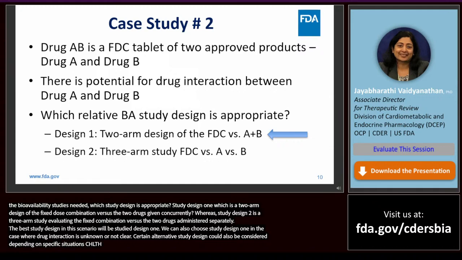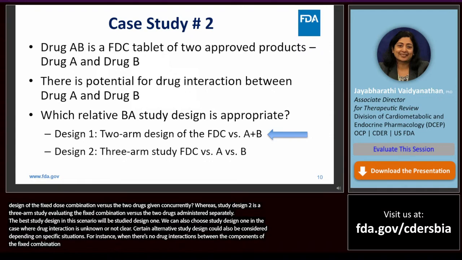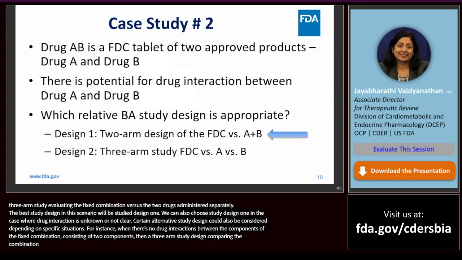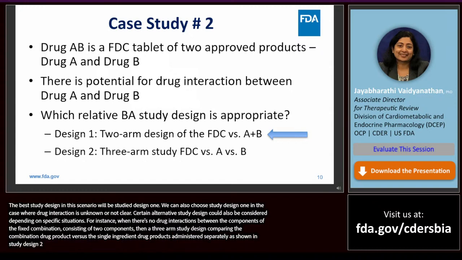For instance, when there are no drug interactions between the components of a fixed combination consisting of two components, then a three-arm study design comparing the combination drug product versus the single ingredient drug products administered separately, as shown in study design 2, could be appropriate.